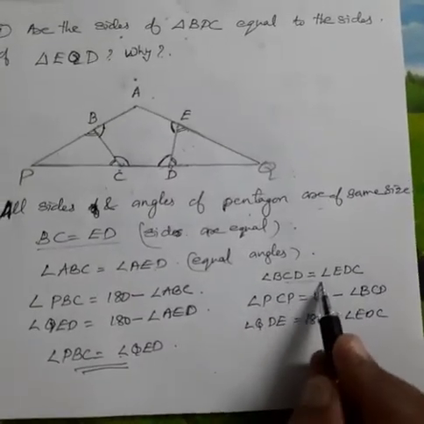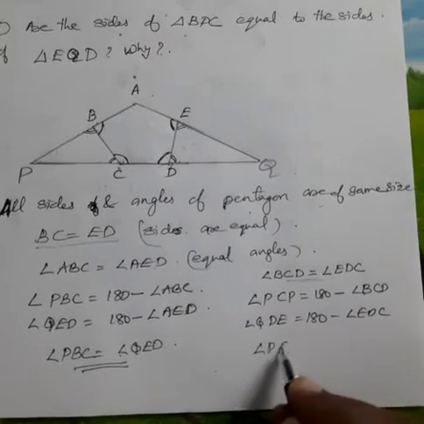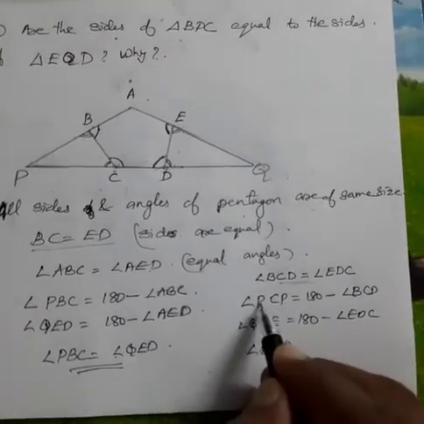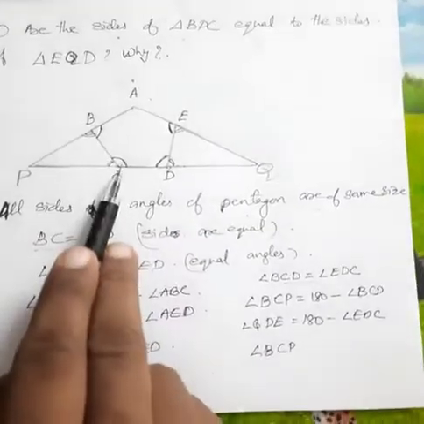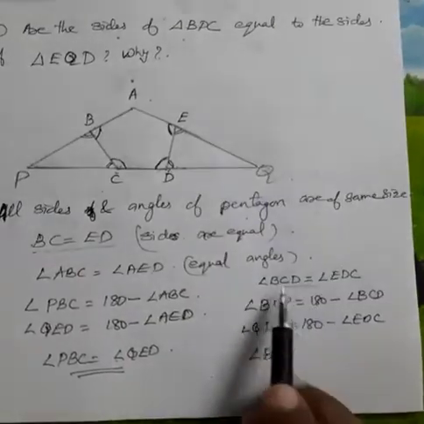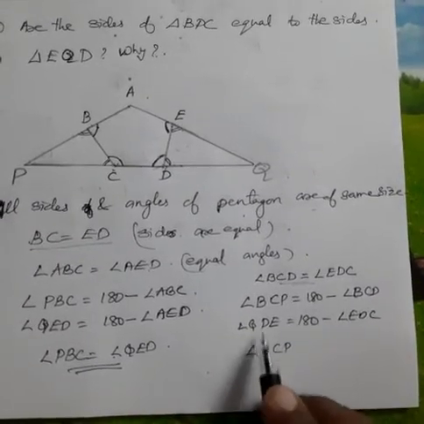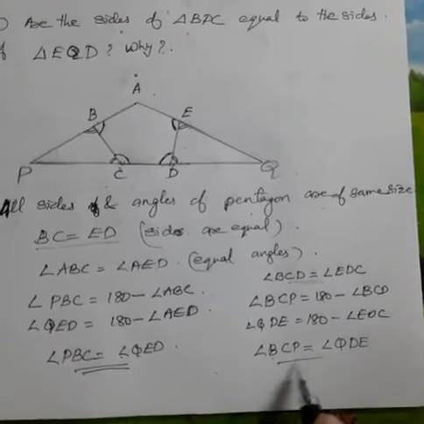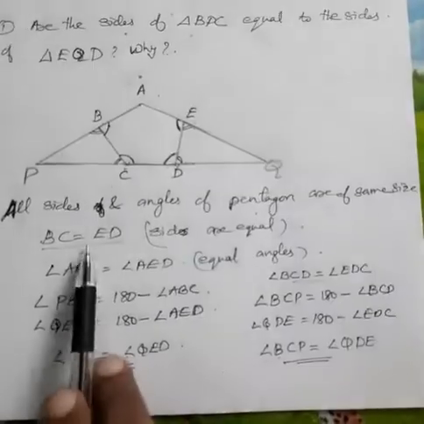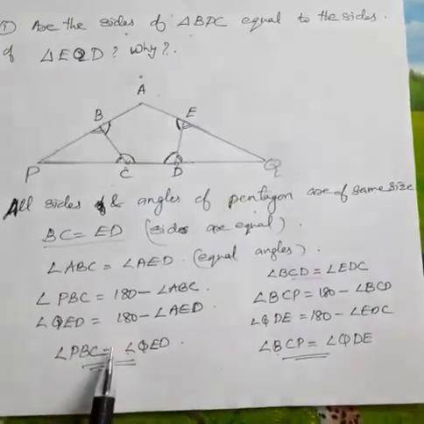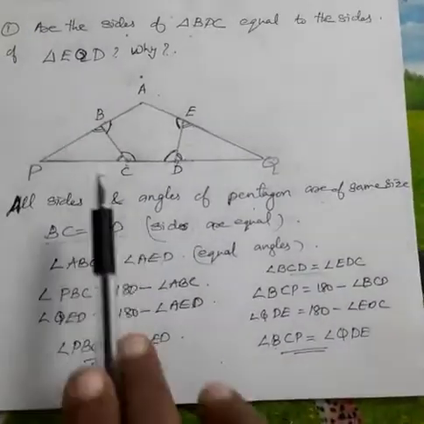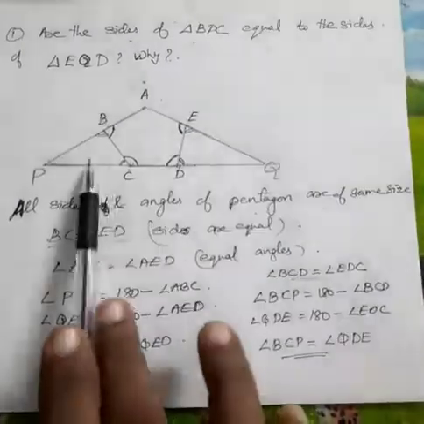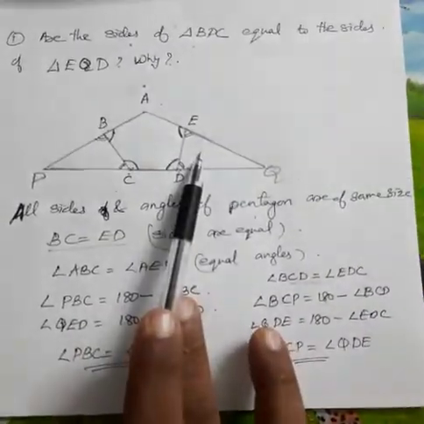So these two are equal, we can write angle, it is not P, it is B, BCP equal to 180 minus BCD. So angle BCP is equal to angle QDE. So two angles and the one side and the angles at its ends are equal. All other sides of a triangle are equal. So using the third law, we can prove that these two triangles are equal.